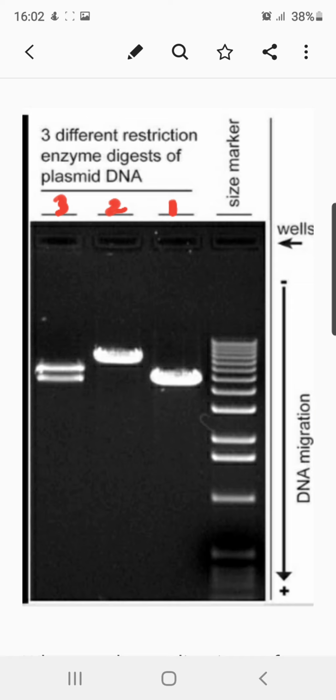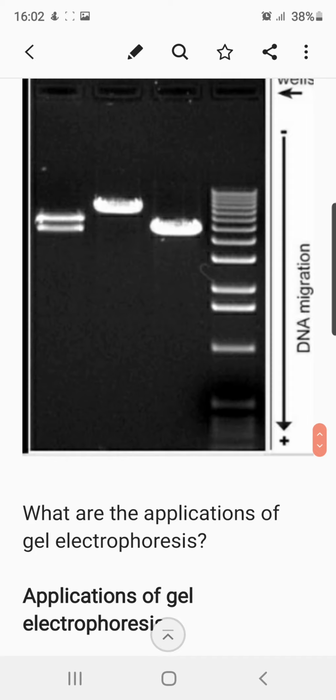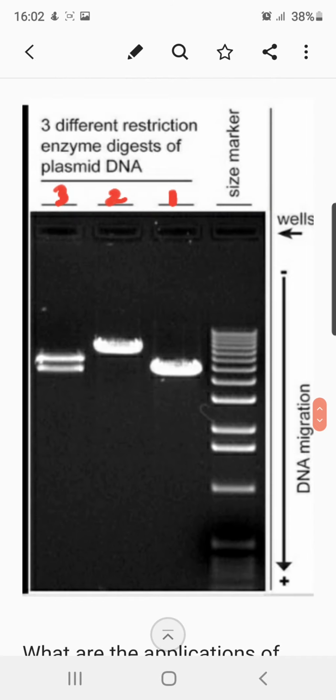The size of the marker is shown here, and the DNA migration frequency has been shown with respect to it. Molecular markers are also used here, so as to identify the DNA molecule of the desirable size or length, so that it can be easily identified over the X-ray plates.